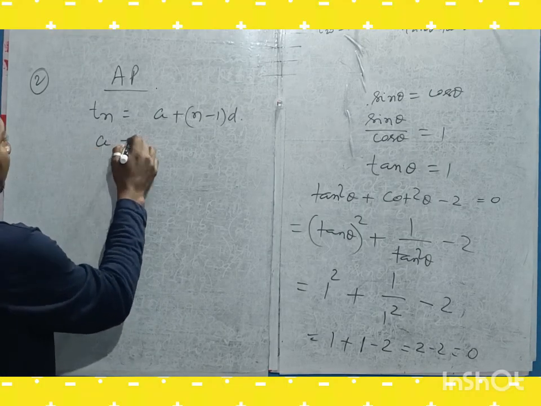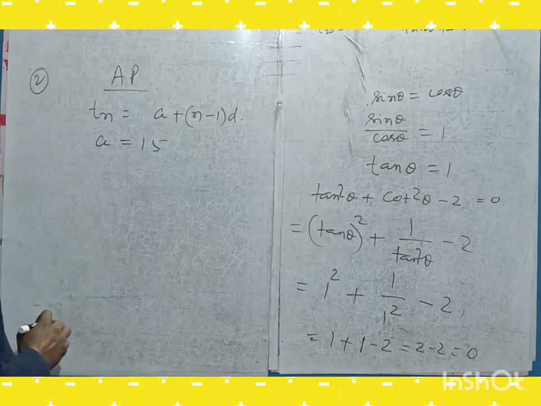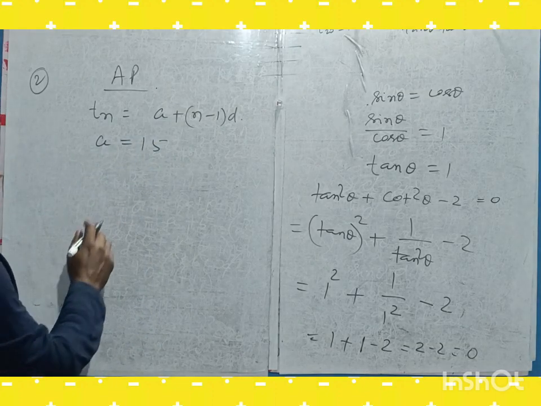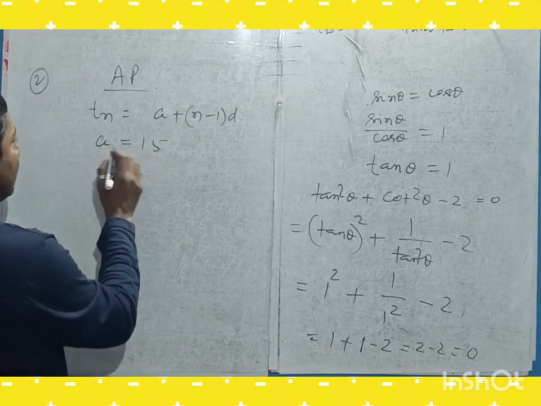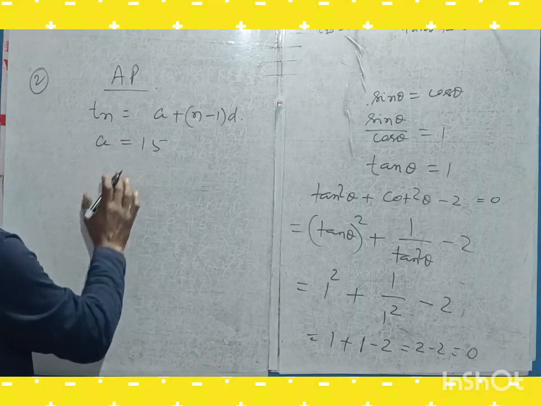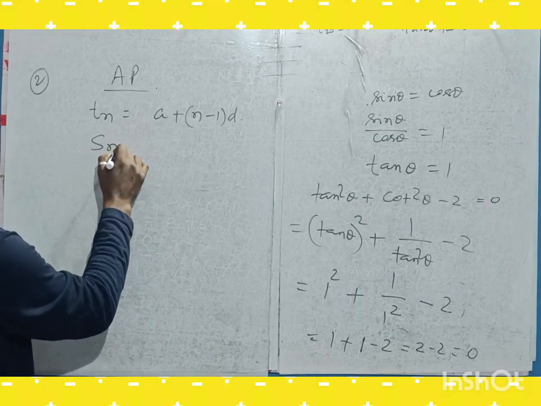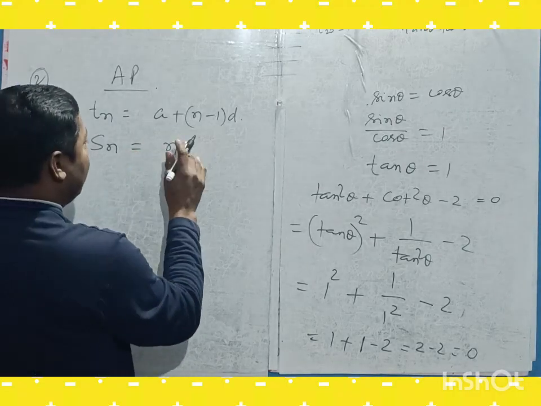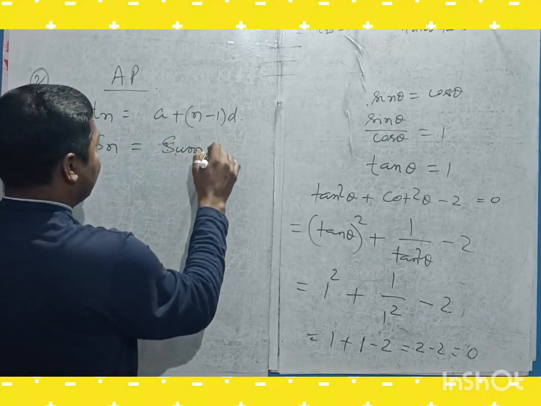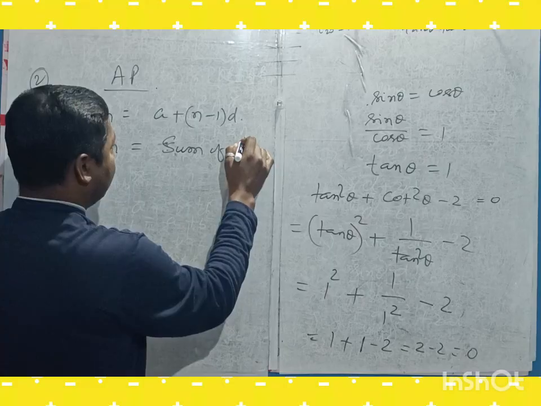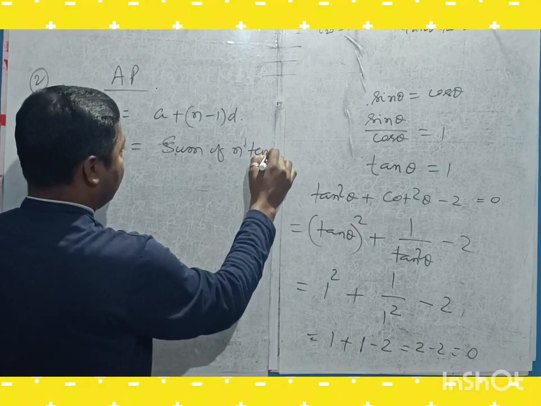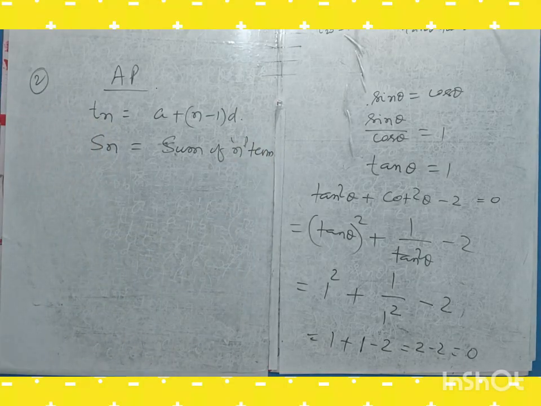So a is 15. That means the first term is 15. If a is given, then the first term is given, 15. Okay. If Sn, what is Sn? The sum of n terms is called Sn.